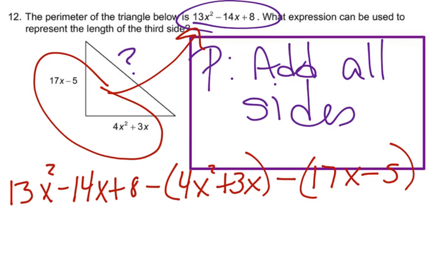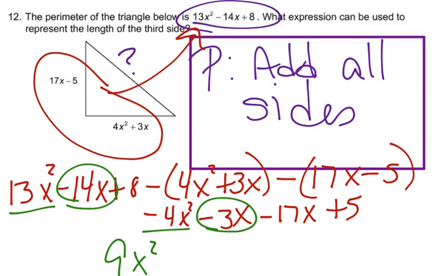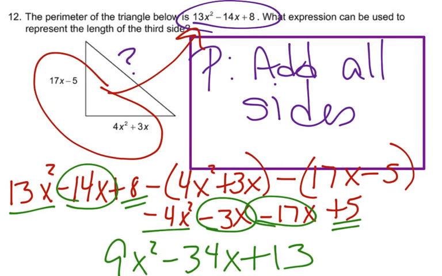Got to do leave, change, opposite, so it becomes minus 4x squared minus 3x, and do leave, change, opposite here also, so minus 17x plus 5. Find your like terms. 13x squared minus 4x squared is 9x squared. Negative 14x minus 3x is negative 17x. Minus 17x is negative 34x. 8 plus 5 is plus 13. There's your answer.